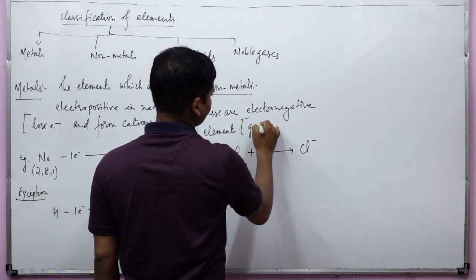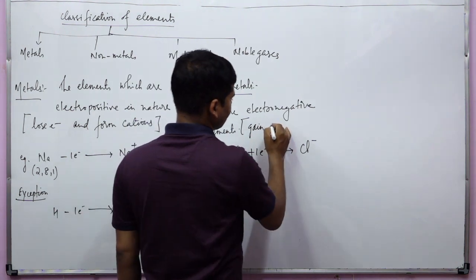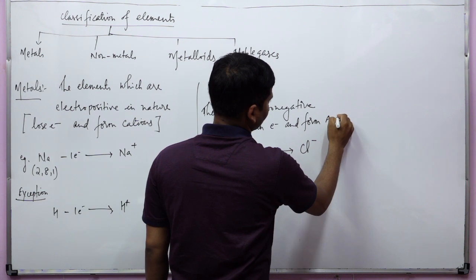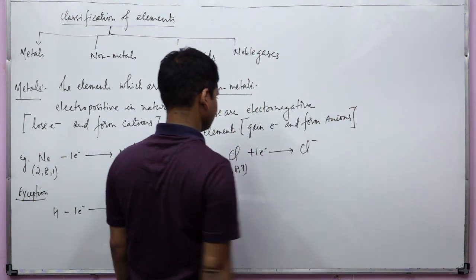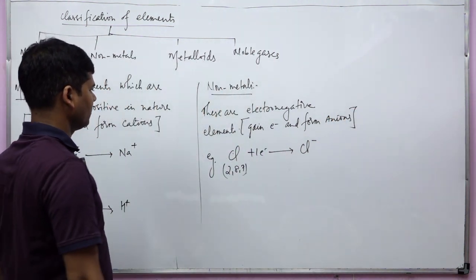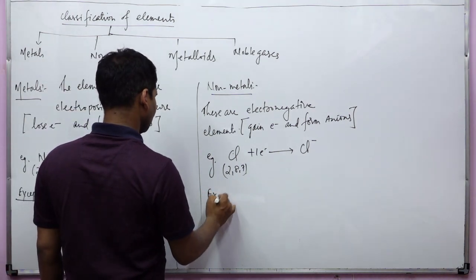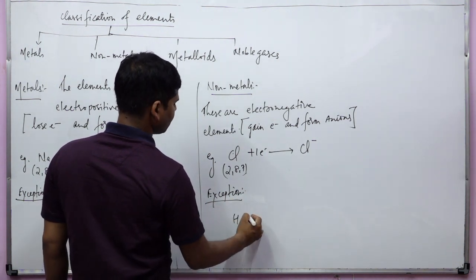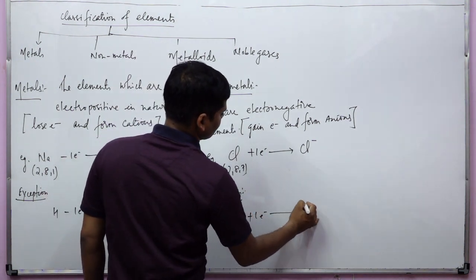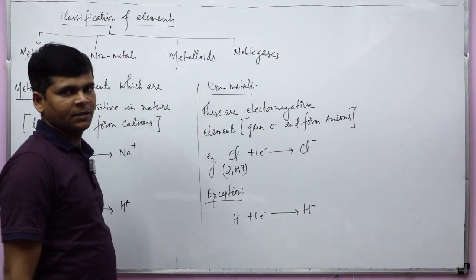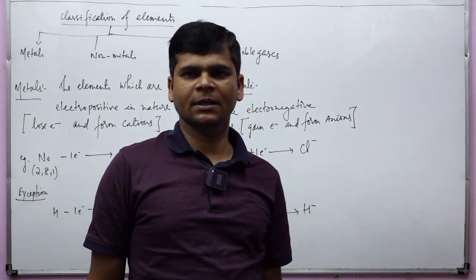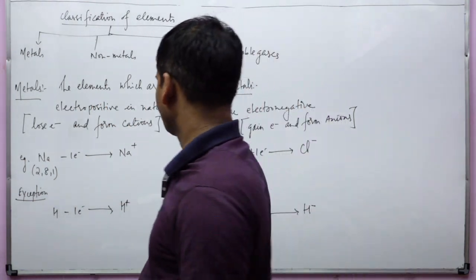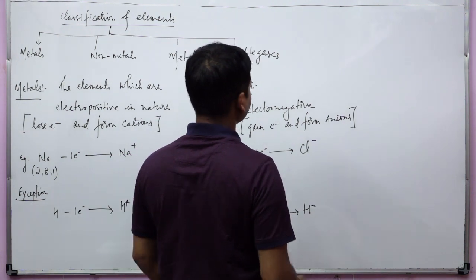Means non-metals gain electrons and they form anions. Here also we can have an exception, that is H may gain one electron and may develop H minus, that is an anion. Now we will be talking about metalloids.